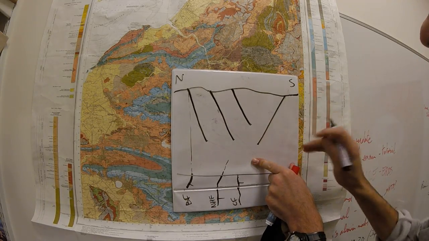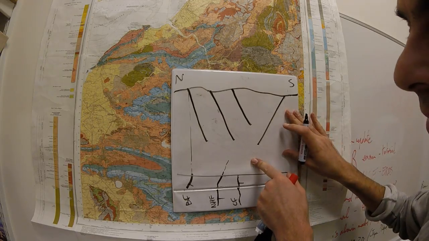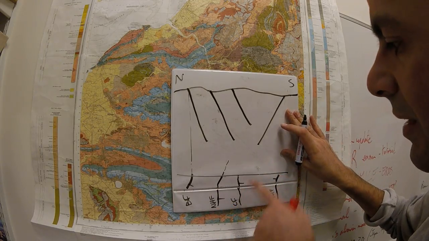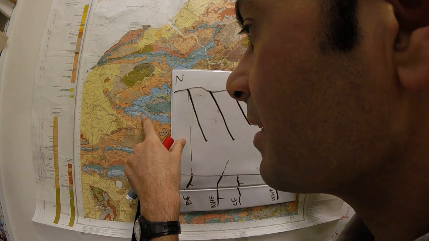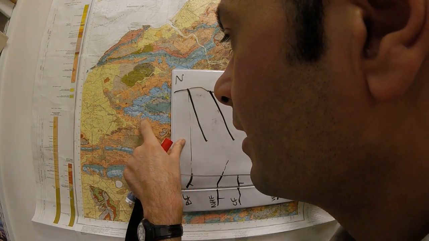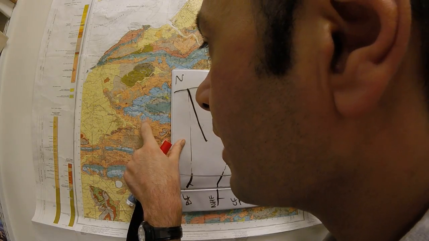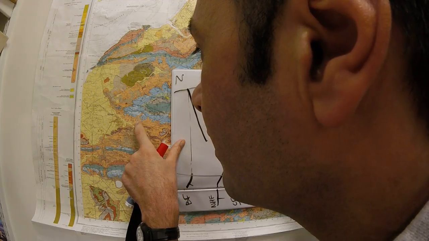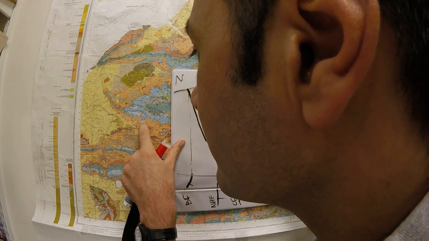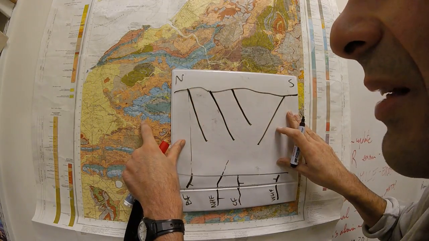Now, what are the rocks in between doing? Let's start with the south side because we've got good constraint here. We can see that we've got D2, we've got the blue here, which is another D2, I think. And then we get into D3, the light blue here is D3.